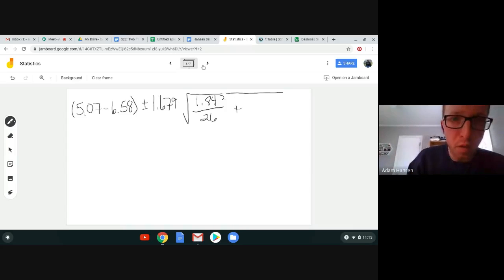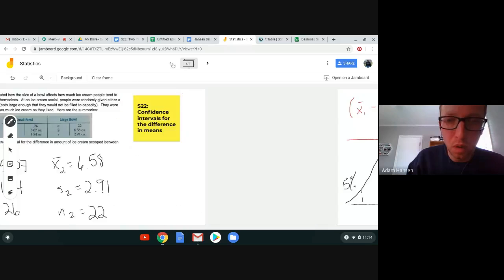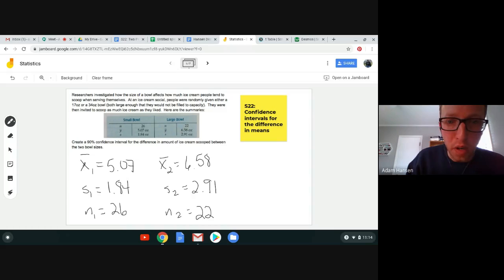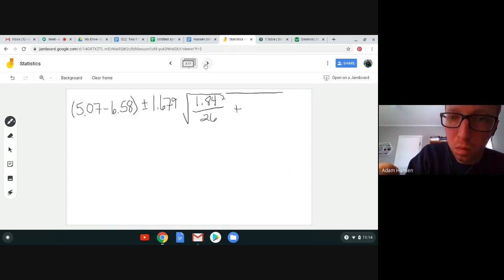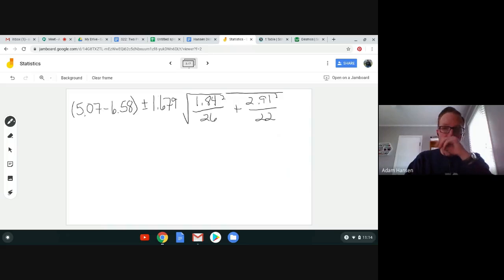Okay, the same thing for group 2: 2.91 squared divided by 22. All right, the rest is left up to Desmos.